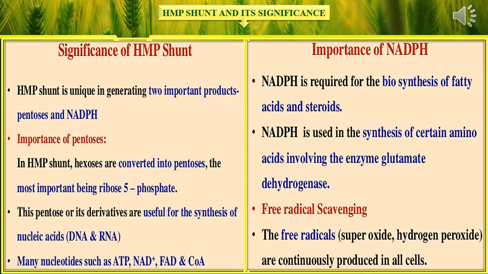And next, coming to the importance of NADPH, it is required for the biosynthesis of fatty acids and steroids, and also used in the synthesis of certain amino acids involving the enzyme glutamate dehydrogenase. And it is involved in the free radical scavenging process. Free radicals like superoxide and hydrogen peroxide are continuously produced in all cells, and this is controlled by the formation of NADPH.